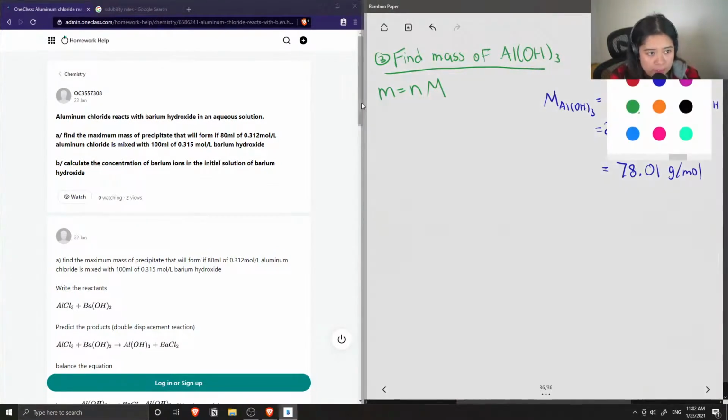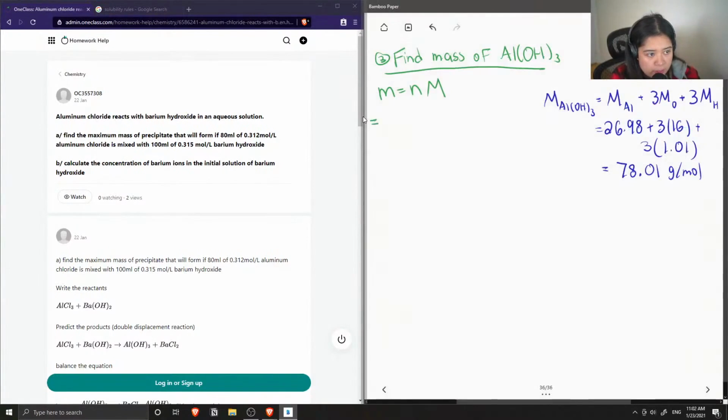So now we can plug that into our equation to solve for mass. So our mass is equal to the number of moles that was formed when barium runs out. From the previous step, it was 0.021. And then we just multiply by the molar mass, which is 78.01.